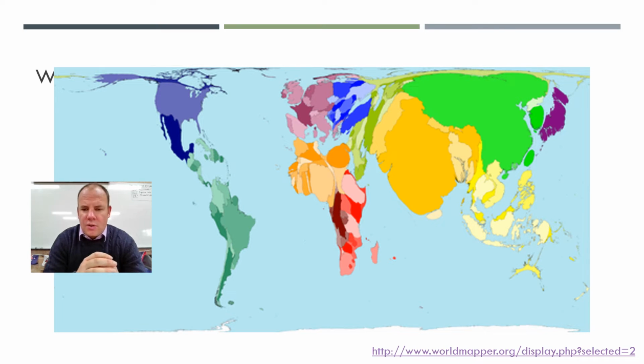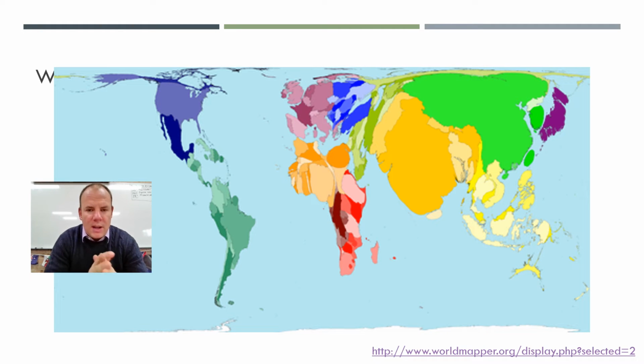If you look at Australia, it's tiny in comparison because it has a large area and small population, whereas India and China, that's where people live. So going back to that first picture I showed you of that circle, you can see quite clearly where people live. And again, this is a great visual way of showing just where people live.